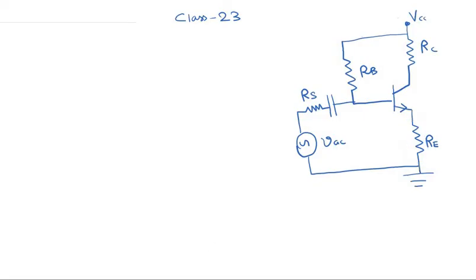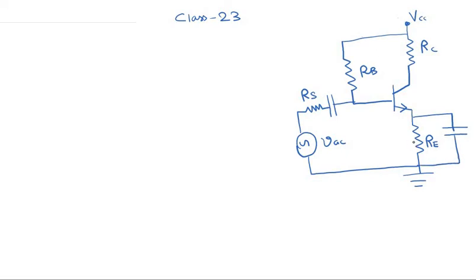Okay, so we put a capacitor here parallel to RE, and this capacitor is put here so that the AC current does not flow through the resistor RE.